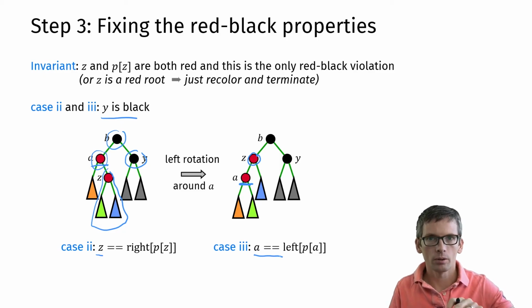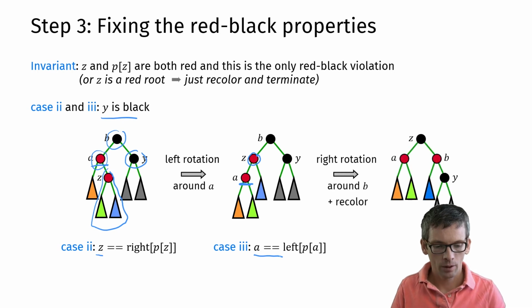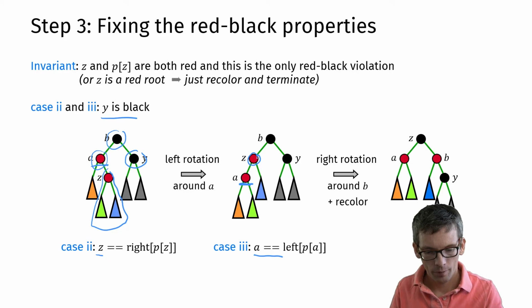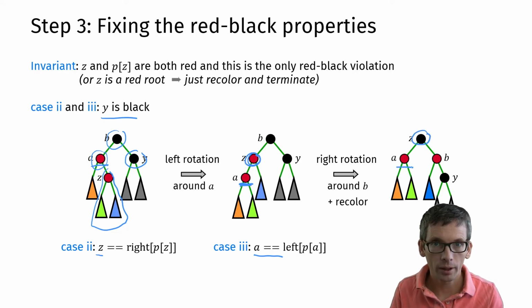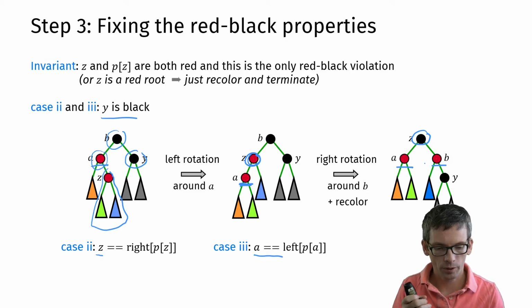What I'm now going to do is rotate around B like this, and recolor. So Z moved up, A is now here, B is down here, and I now recolor the 3 nodes here.